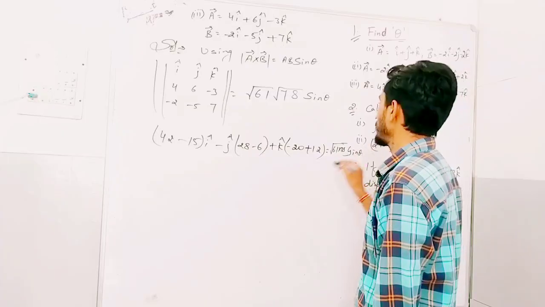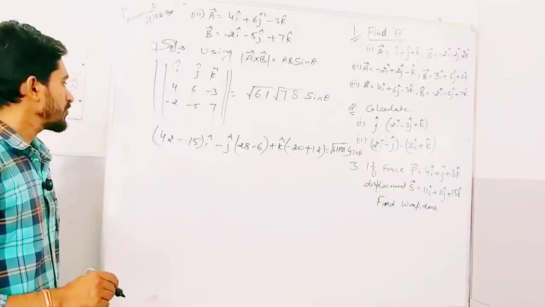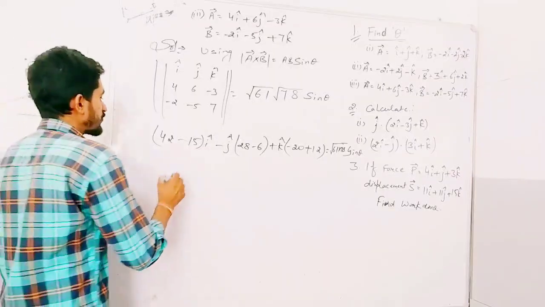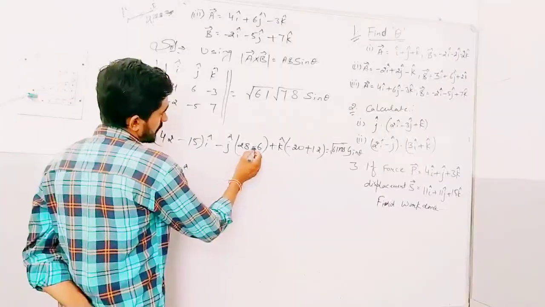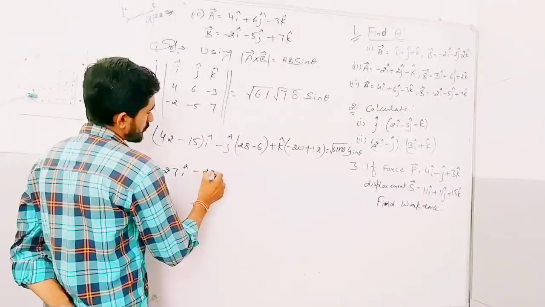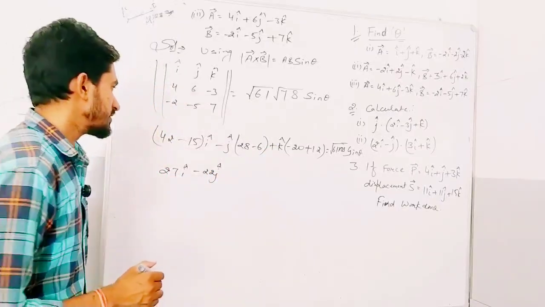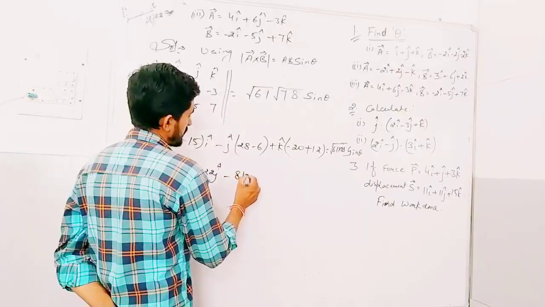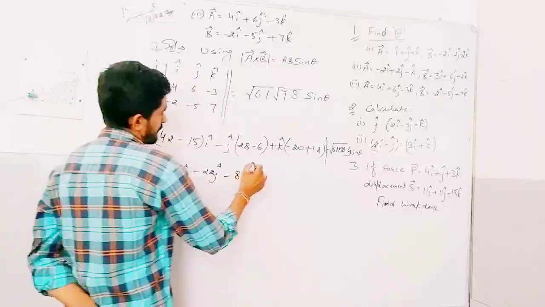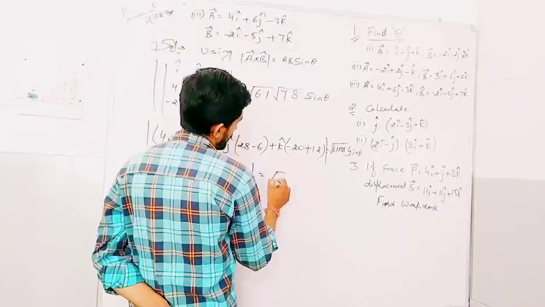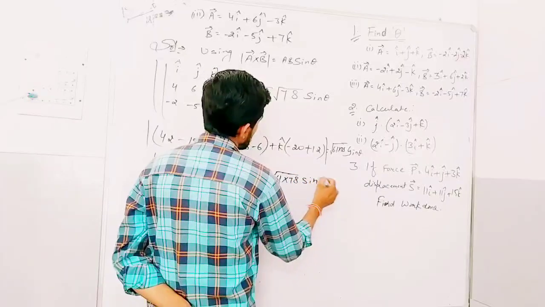Now here we have 15 getting 25, 27 i cap. The solution is 27 i cap, and here we have 6, 22, minus 22 j cap, and here minus 8 k cap. Magnitude of this, and under root 61 into 78 sin theta. That is fine. Good.